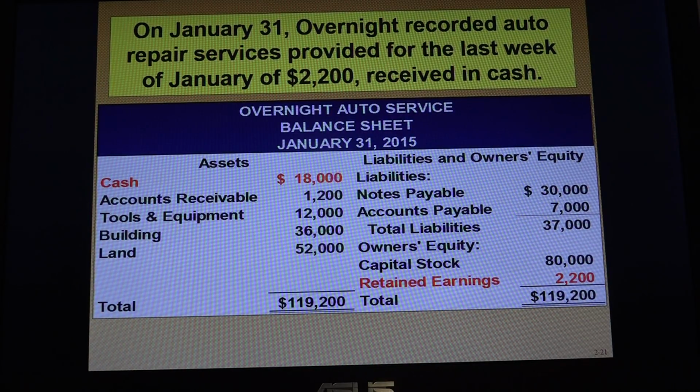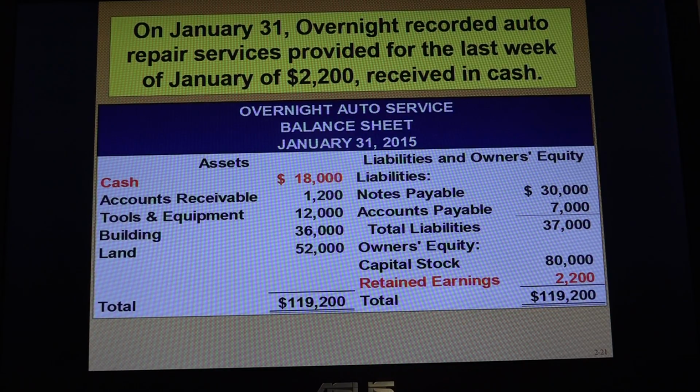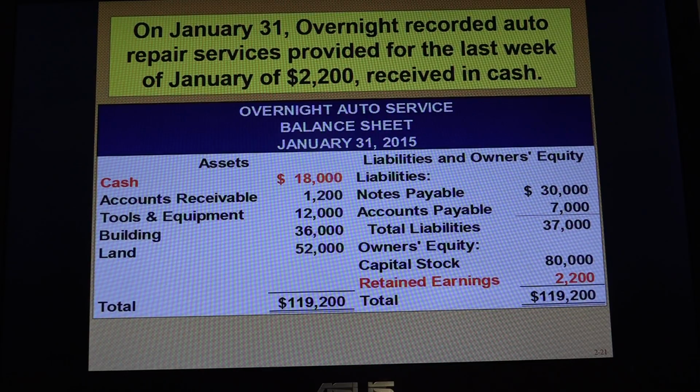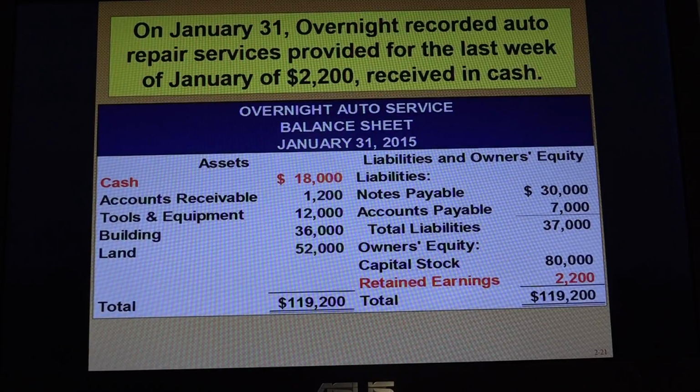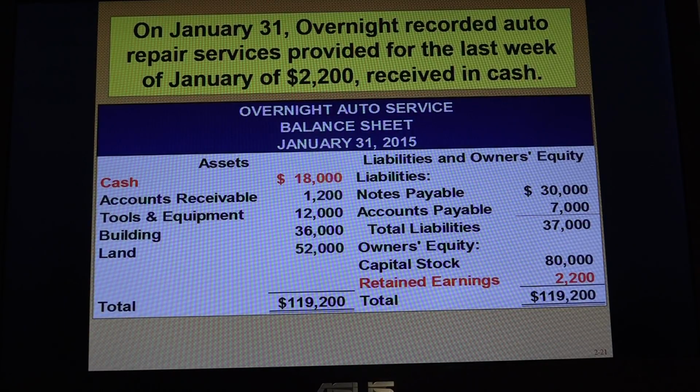Now, as this company continues to operate and hopefully have more income, retained earnings and net income will not be the same. Why is that? Well, retained earnings is all the earnings from prior accounting periods that the company had.